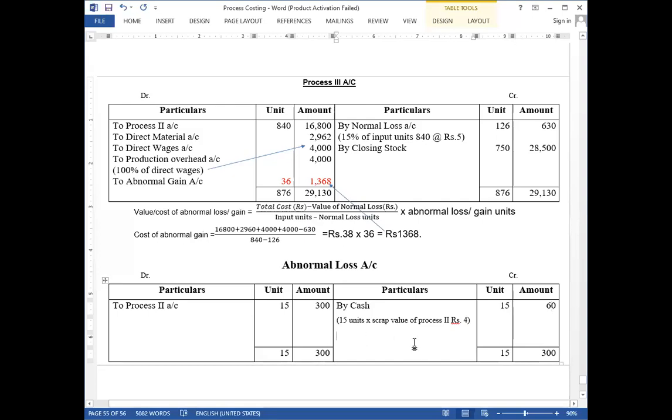And the remaining will be called loss that can be transferred to P&L account. So this is nothing but the balancing figure. Usually we write it as B.F., balancing figure. So the unit column is nil and only the amount column is coming, 240 rupees. That is the balancing figure which you can transfer to P&L account.